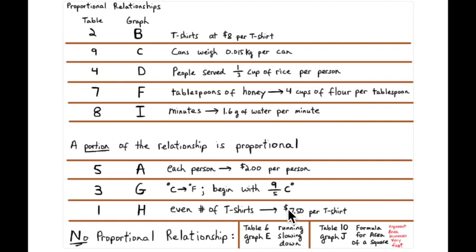And finally, there are 2 relationships where there's no proportional relationship at all, no portion of it, nothing. One is where the runner is slowing down. They're not even slowing down at a constant rate, so it's tough to see a mathematical relationship there at all, other than they're slowing down per time. And the last one is the formula for the area of a square.